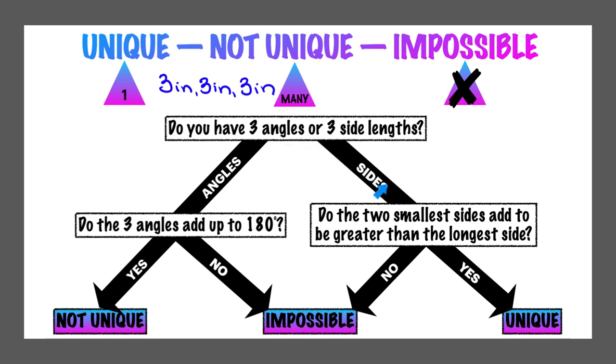They are sides. Do the two smallest sides add up to be greater than the longest? Yes. 3 plus 3 is greater than 3. So yes tells me that this would create a what triangle? A unique triangle. So unique, is that many triangles or one triangle, Anderson?